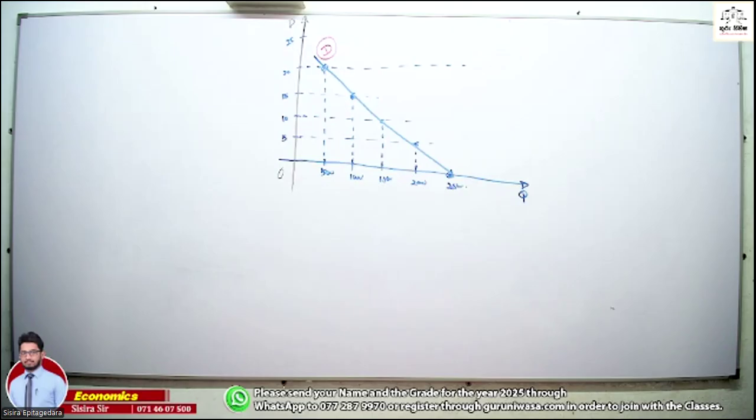Right. Answer the second question, Dinal. The question is, draw the demand curve. Demand curve is okay. If price is $9, how many units would be demanded? How can we calculate? How can we answer this question, Dinal?